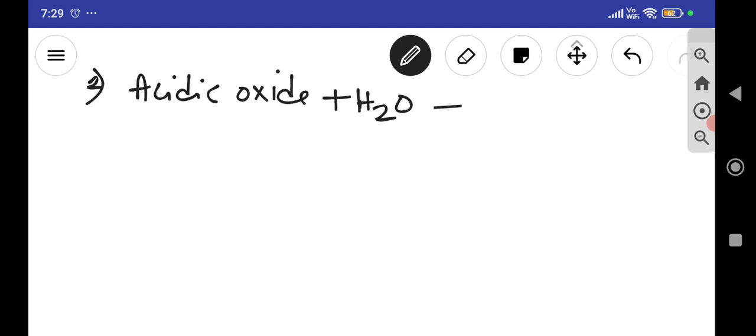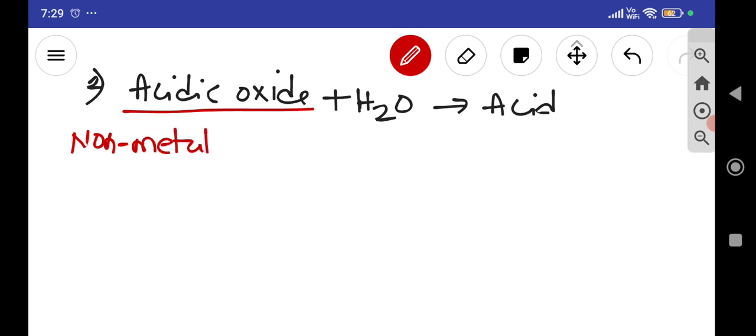Second one is if you add water to an acidic oxide, you are going to get an acid. Important thing is why non-metallic oxides are called acidic oxides.